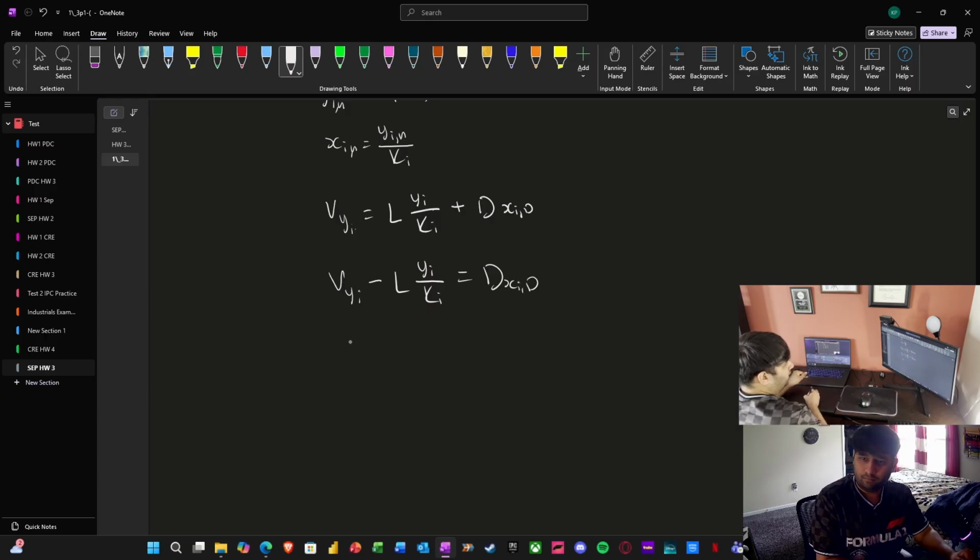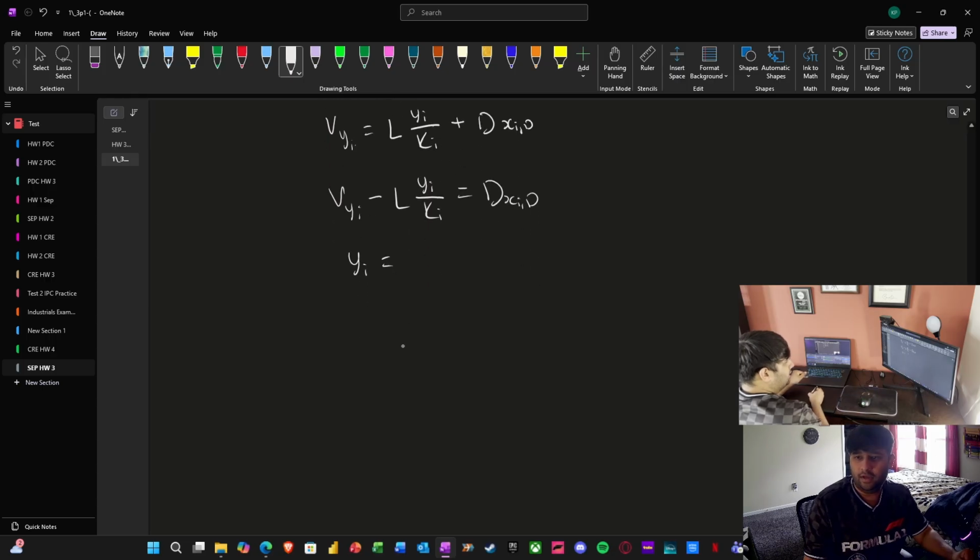So we get left with yi equals d xi d, all over, should be d minus L over ki.